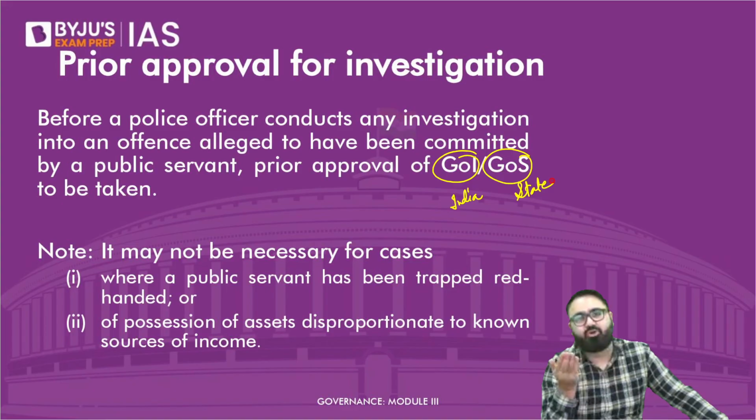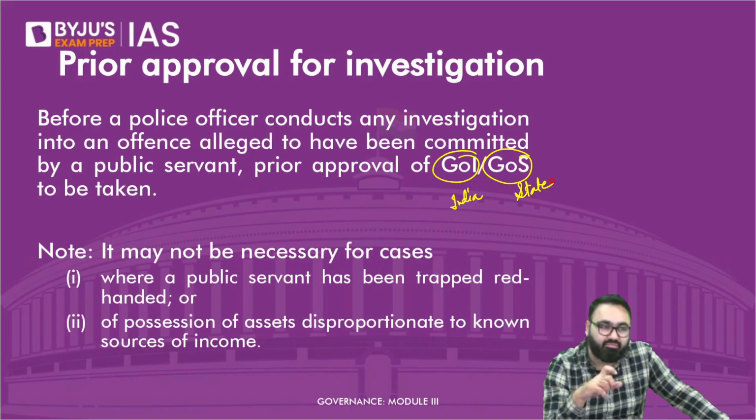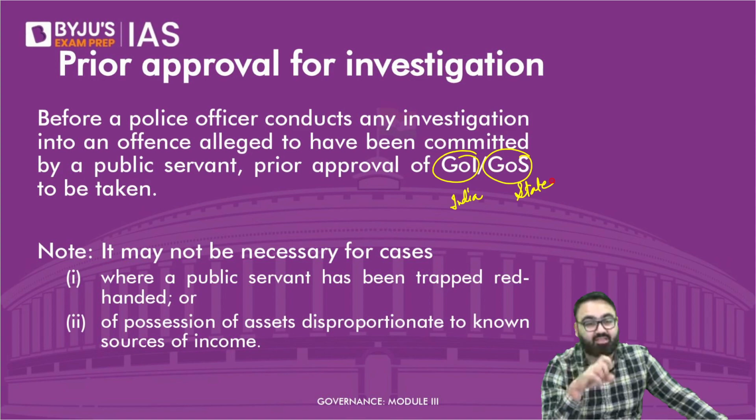So they will try to protect them. That is why many times an investigation is not happening, because the government just does not give permission. That is why you will see when the governments change, a lot of officers' investigations stop or new investigations start to happen. Either way.